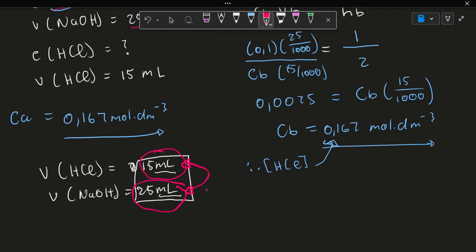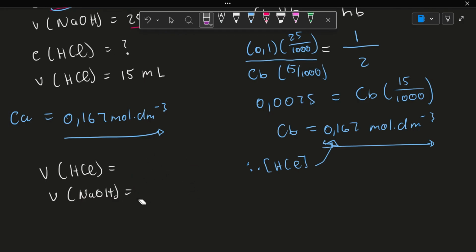That's just another important thing that you guys need to know. But I suggest that you just continue converting the way you actually know how to convert, knowing that your volume should be in cubic decimeters for as long as you're doing chemistry in grade 11 as well as in grade 12.